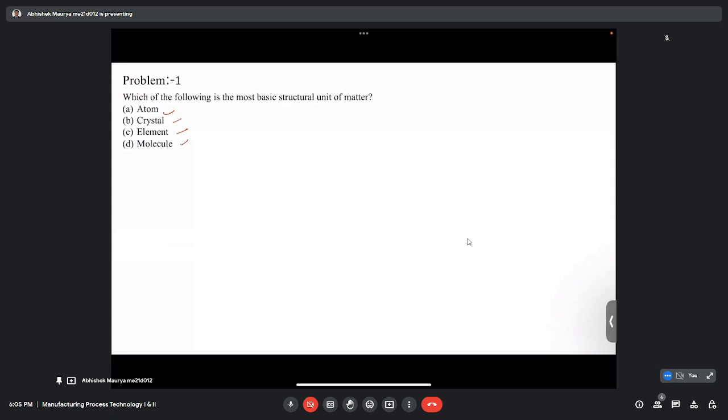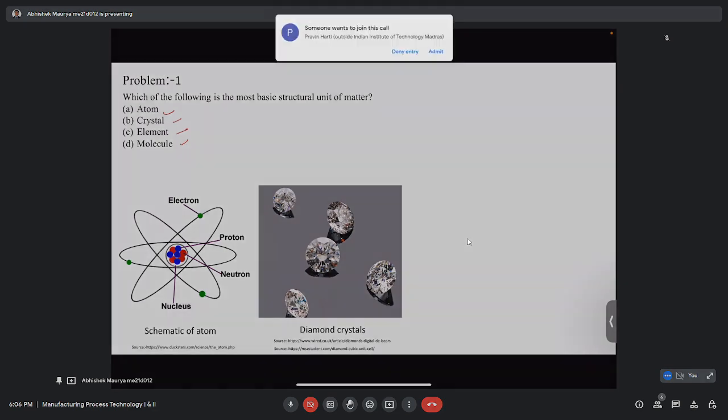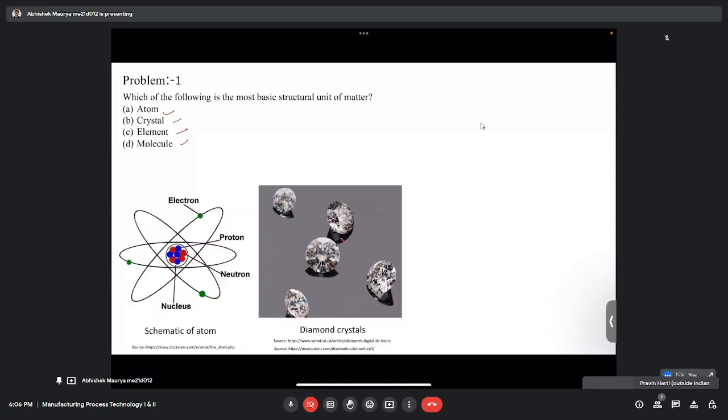So what is the crystal? So crystal, we see these are some examples of the diamond crystal. Any solid object which is made up of a long range arrangement of these atoms. So what is there inside this diamond crystal?